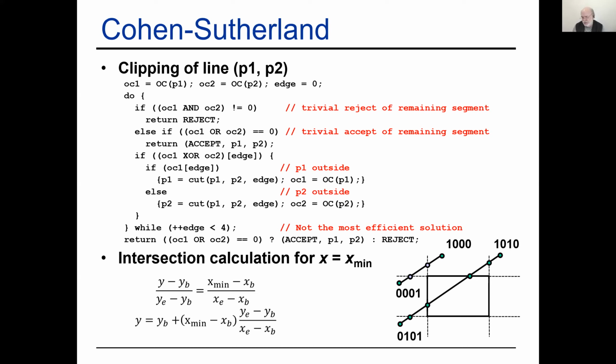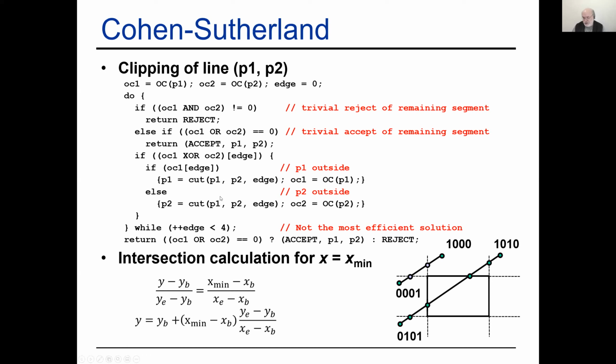So we have to recompute that. And so we keep doing this until either we can trivially reject or trivially accept, or when the XOR says there is no more edge that we need to clip against. It's pseudocode, so you can optimize this some more, but it's fairly easy to explain.